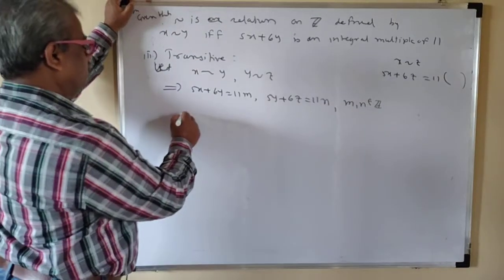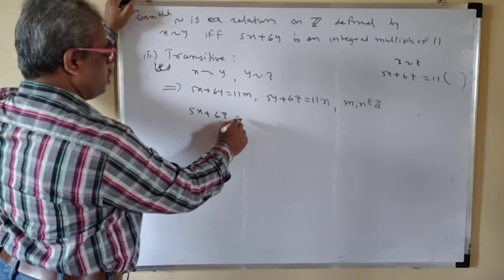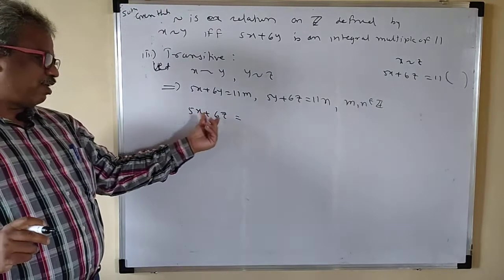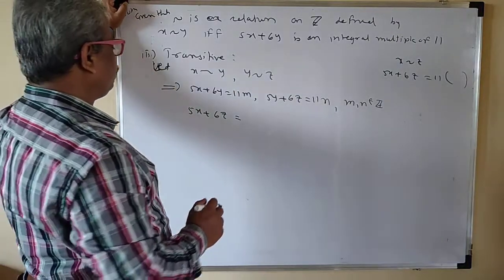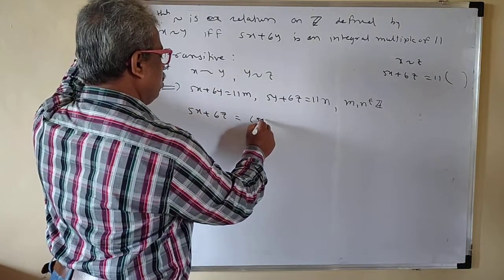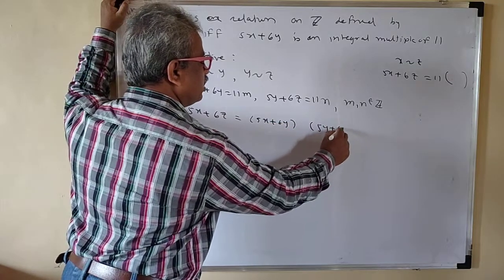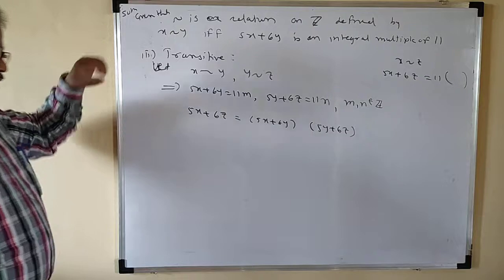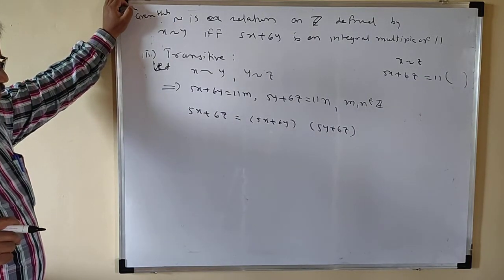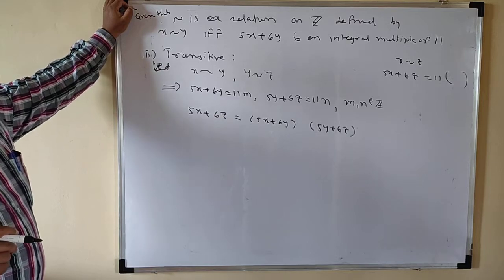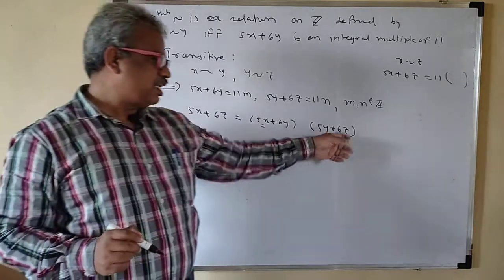So how can we write this? I want to express 5x plus 6z in terms of these. So I will write 5x plus 6y, and I will write 5x plus 6z also. Your 5x is there, and your 6z is also there.